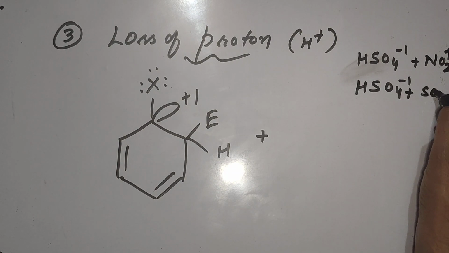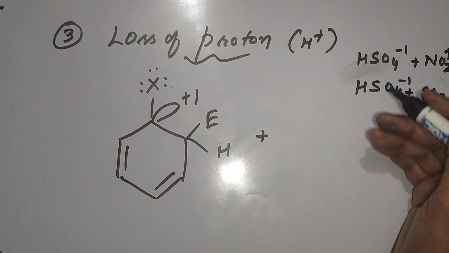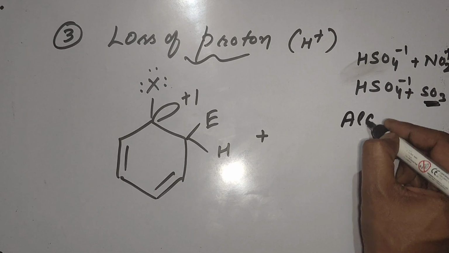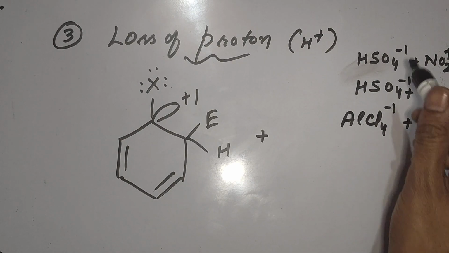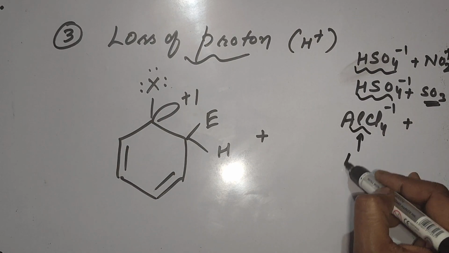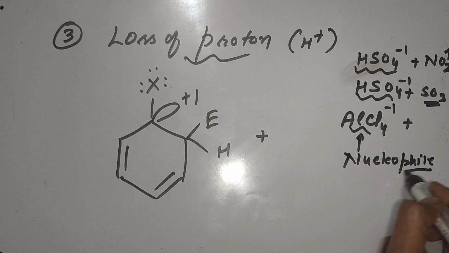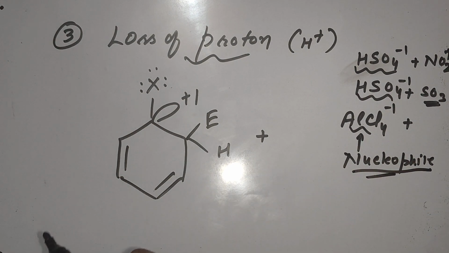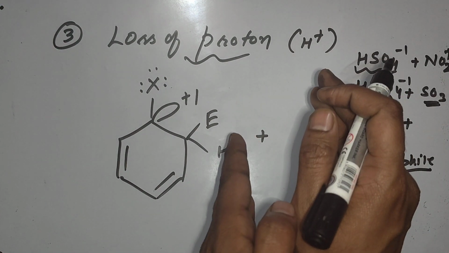In sulfonation SO3 was the electrophile. And in alkylation, halogenation, acetylation AlCl4 negative was generated and the rest were electrophiles. Now here we have a role for these particles, which are nucleophiles. What are nucleophiles? Which attack on a positive particle.